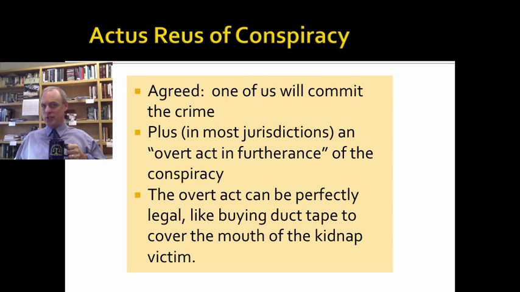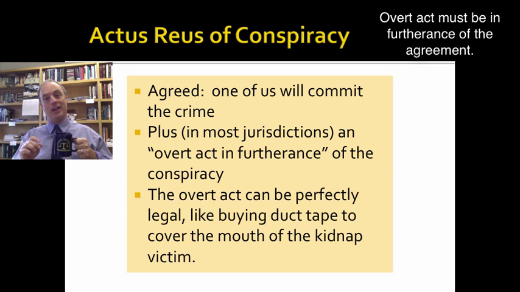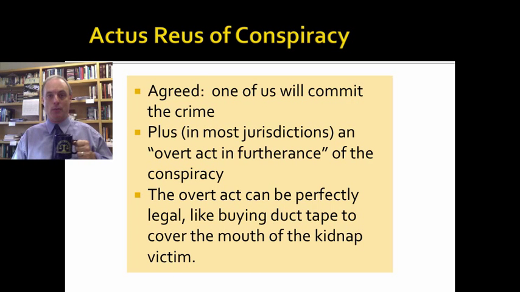In that situation, you might be able to intervene earlier in a conspiracy than you would with an attempt. So it can be something that might amount to mere preparation if we were analyzing the situation under attempt law. So something very minor can qualify as the overt act, but you have to do something that is in furtherance of this conspiracy. The act must carry the agreement along in some way.